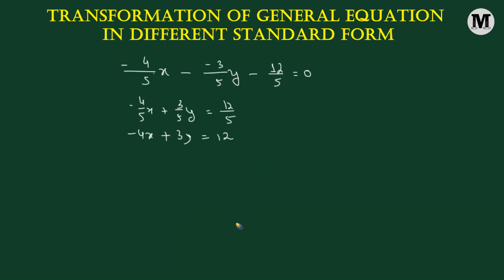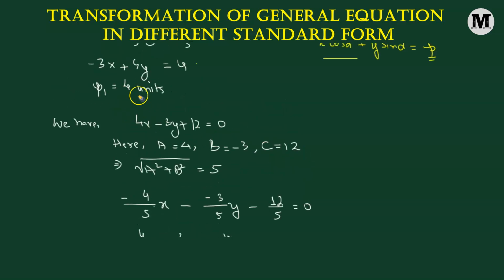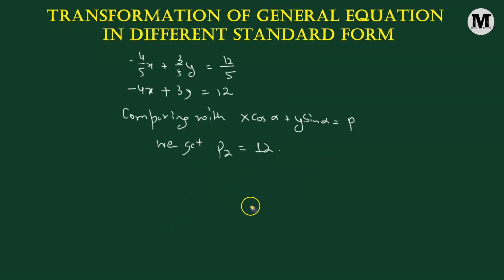Comparing with x cosine alpha plus y sine alpha equals the perpendicular distance p, here we get p2, which equals 12 units. So we first obtained p1 to be 4 units and p2 to be 12 units.